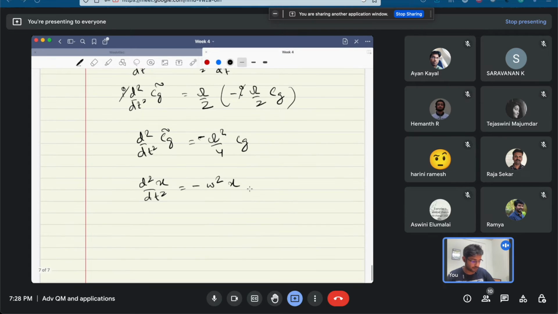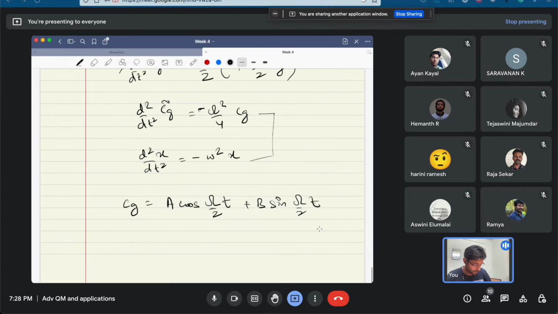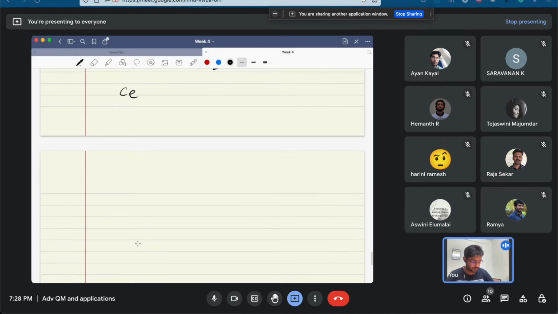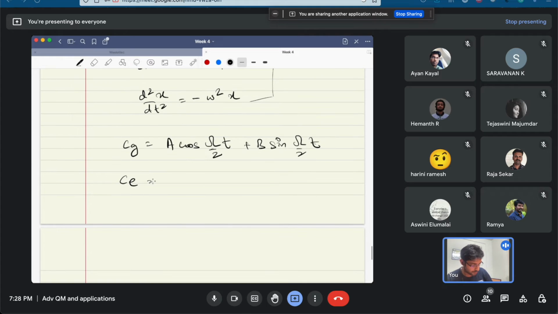So this is very similar, and you already know the solutions are in the form of a cos omega by 2 t plus b sin omega by 2 t. And similarly for CE you can find a similar type of expression, let's say, with c cos and d sin.